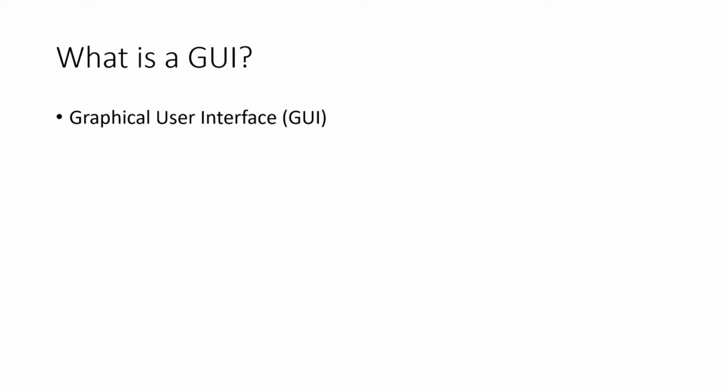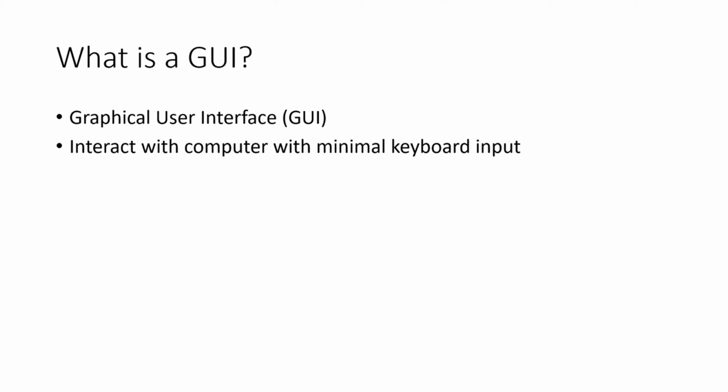And the reason I want to start here is because this is what I would assume most people are familiar with when dealing with a computer. And really, the thing that sets a GUI apart from a CLI is that a GUI allows a person to interact with the computer with minimal keyboard input.